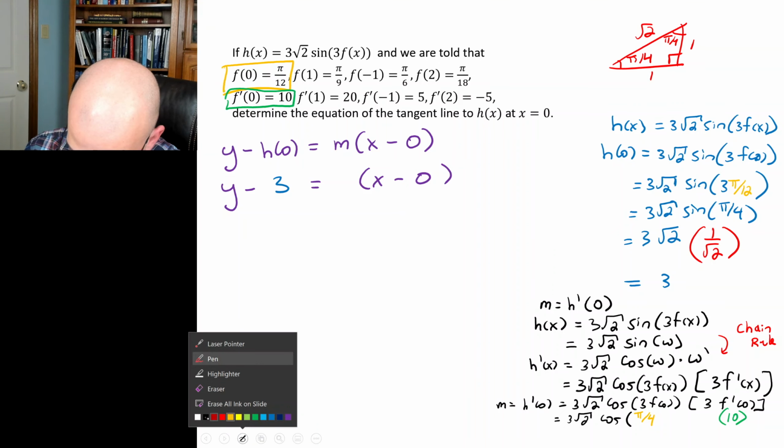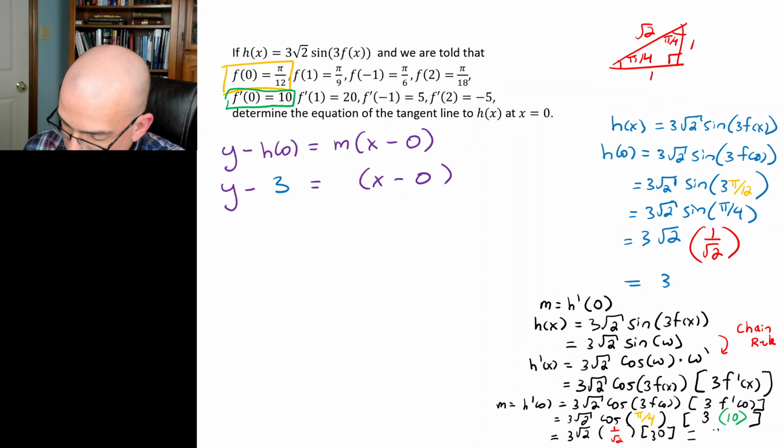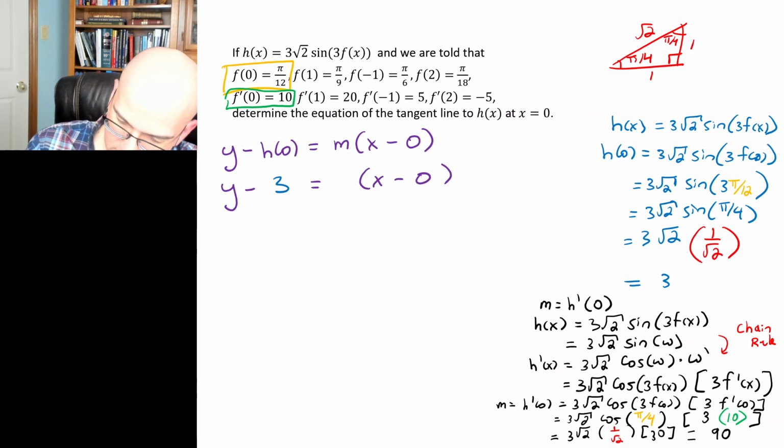Cos is adjacent over hypotenuse, so 1 over root 2. 3 root 2 times 1 over root 2 times 30. Root 2's cancel. We get 3 times 30, which is 90. So our slope there is 90, and that's our answer.